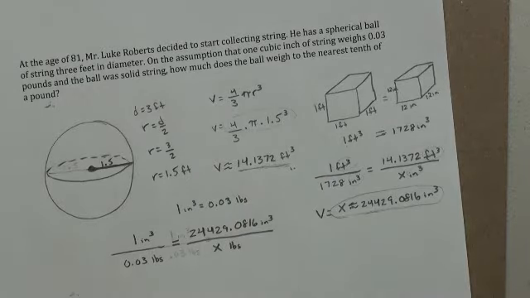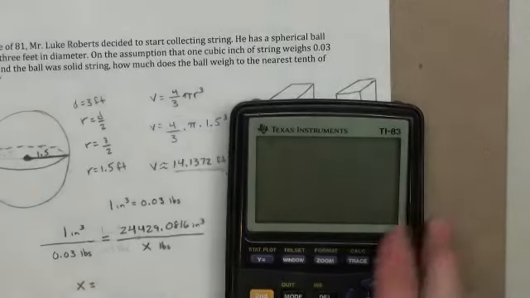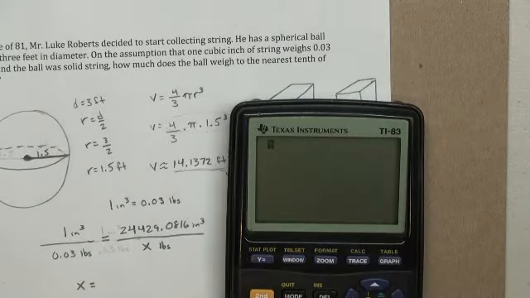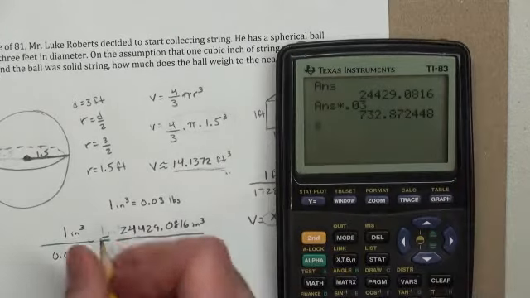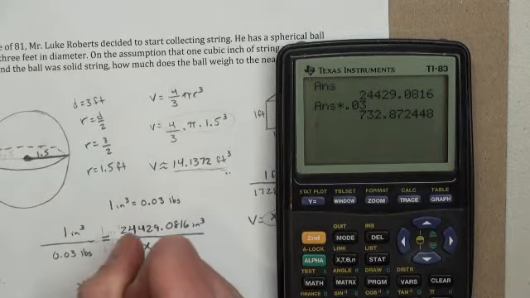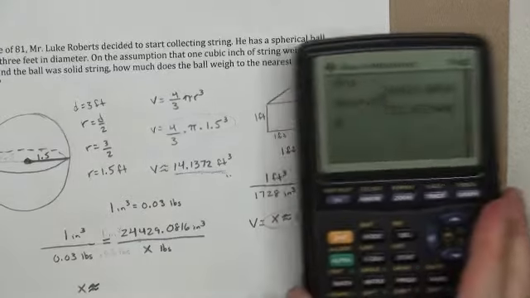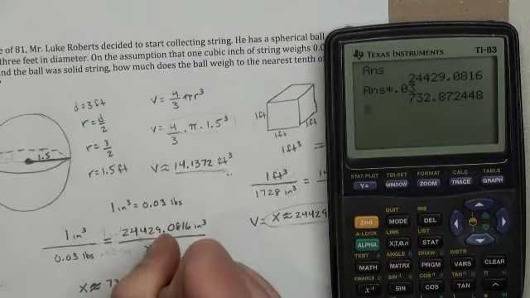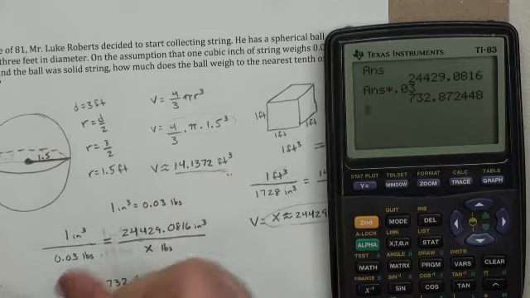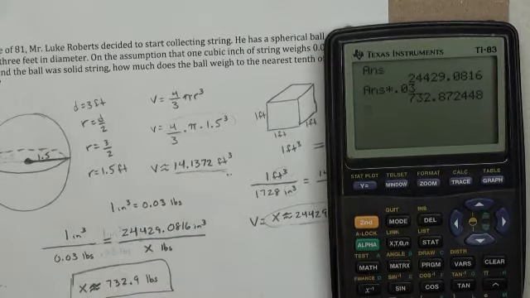And we cross multiply. X equals the 24,000 number times 0.03. To the nearest tenth, X is approximately 732.9 lbs, pounds. Okay?